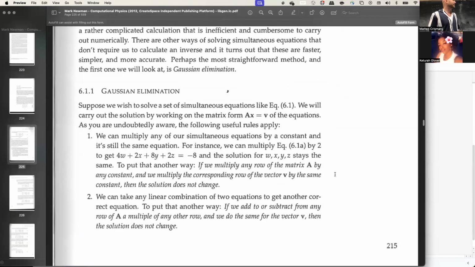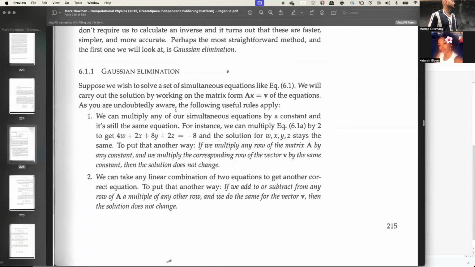Okay. So the first one here is you have some rules. This is the rules in order to solve the simultaneous set of equations. This one says you can multiply any of the equations by a constant and it's still the same equation.